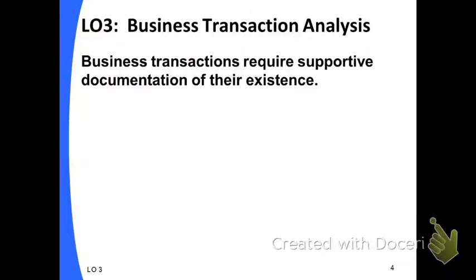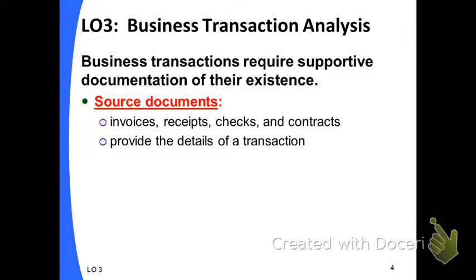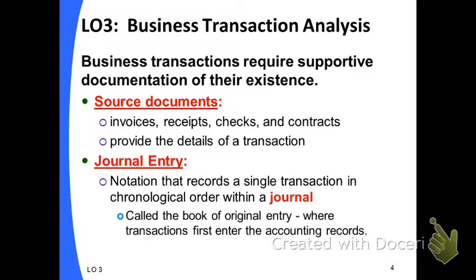Business transactions require us to have some sort of documentation to record and recognize that transaction. Those documents are called our source documents, and they include invoices, receipts, checks, etc. that provide the details relating to a transaction that we will then record in our journal using a journal entry.